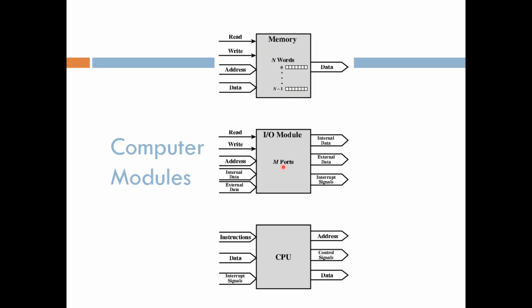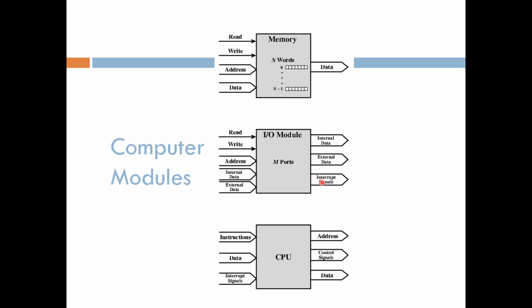Next we have the input-output module, and associated with that is also an address. You're going to have internal and external data: internal data to the input-output device and external data as well. And there's something new called an interrupt signal.